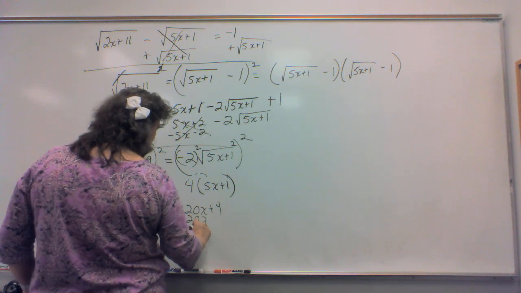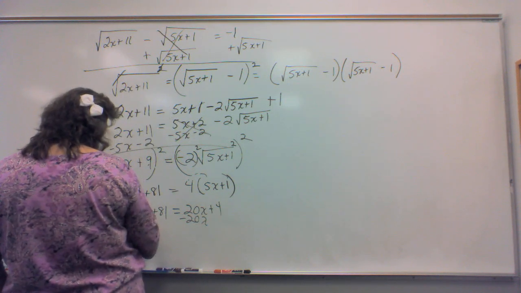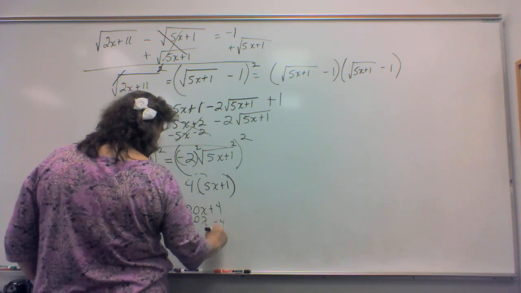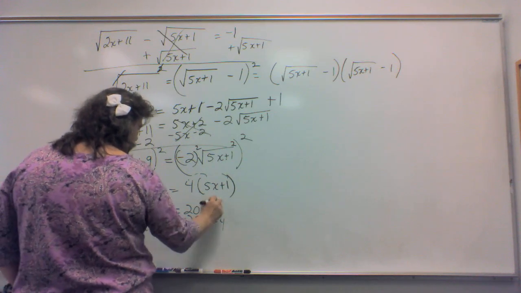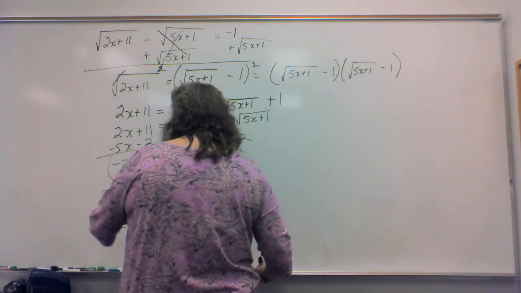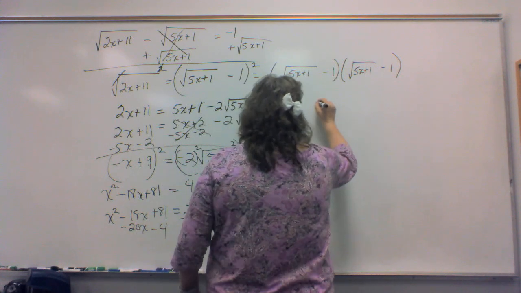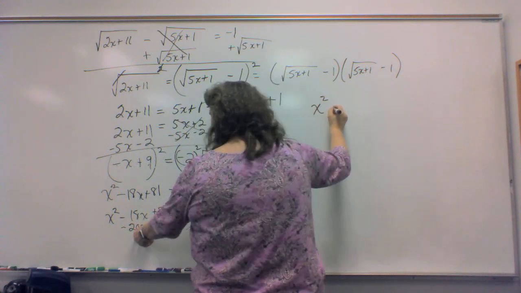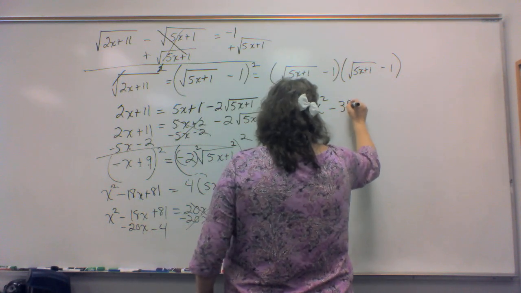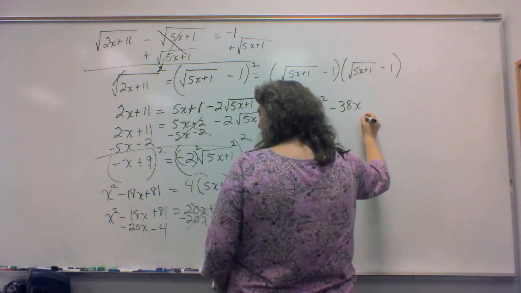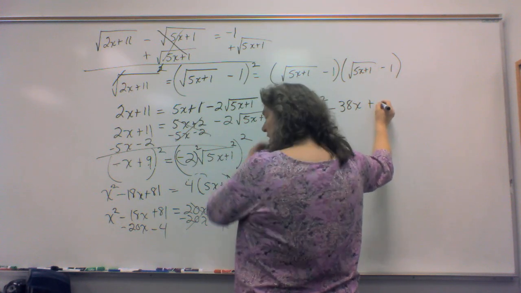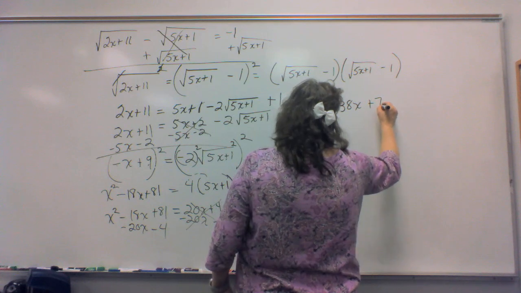Subtract 20x from both sides, and also subtract the 4 from both sides. That's going to give me 0 over there, and I'll end up here with x squared minus 38x, and then plus 77.